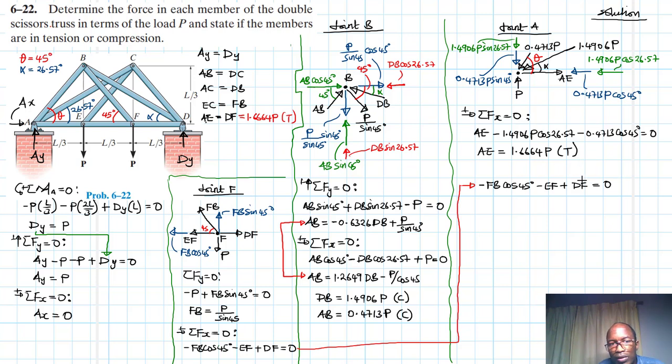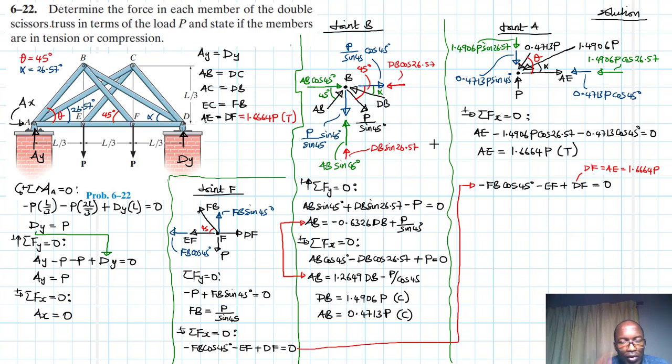So we know this value already. DF is equal to AE, which is equal to 1.6664p.